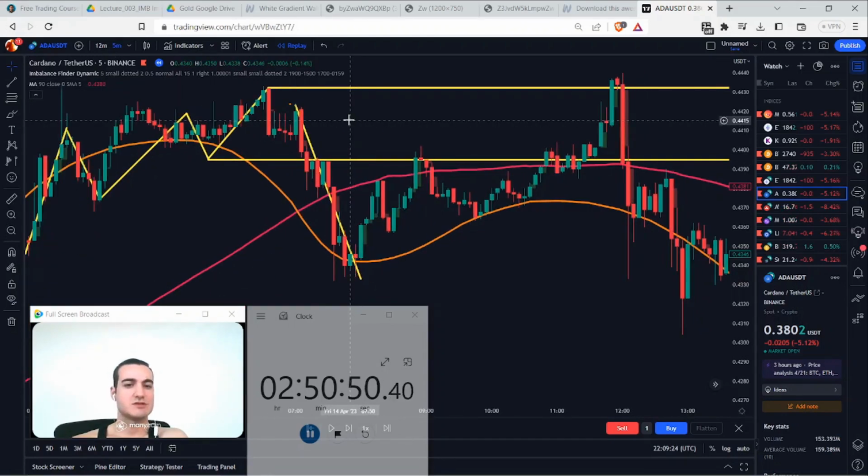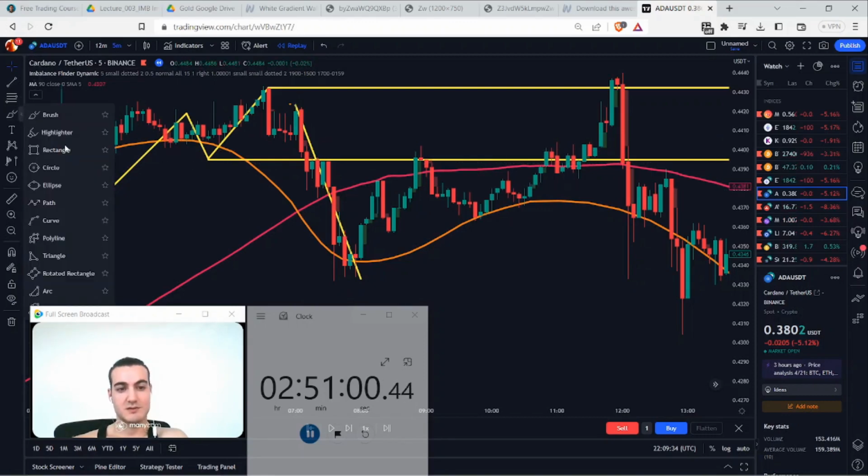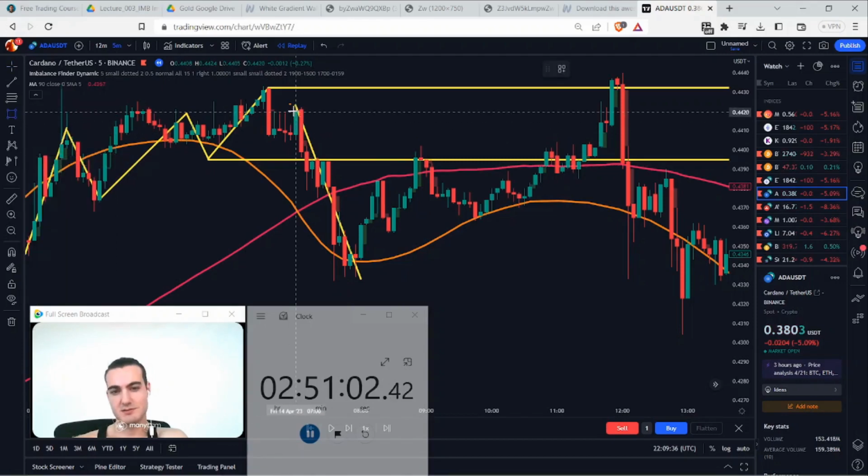Okay. So, consider this a little consolidation, and that would mean order block, as far as I understand it, would be this candle body.